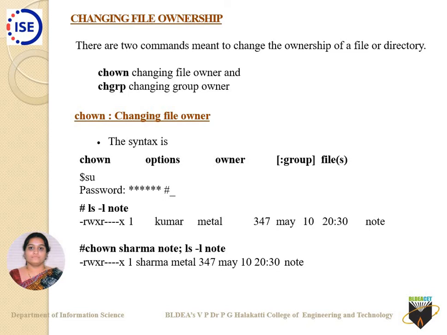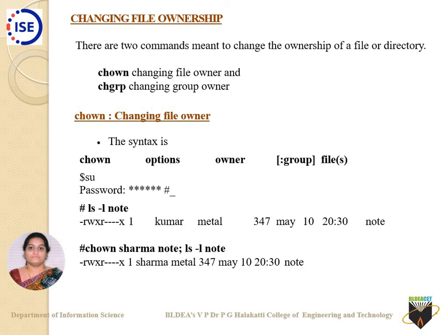Now here you can just find out ls -l note. By this you can find who was the owner, he was Kumar. Now what I have made a new owner, chown, directly specify the new owner name and the file name. As soon as I specify this, the new owner name is assigned to this particular file called note. And you can just see that I have used a semicolon between these two commands.